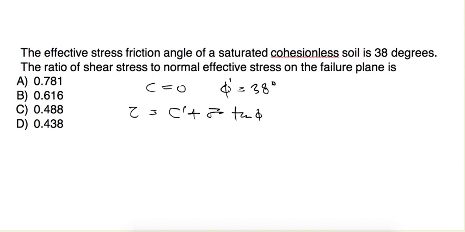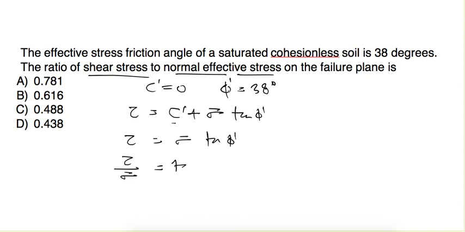If we write it in terms of effective stress, then C dash plus sigma dash tan phi dash. Now here cohesionless soil, it means C dash is equal to 0, tau is equal to sigma dash tan phi dash. Now they are simply asking the ratio of shear stress to normal effective stress, that is tau upon sigma dash, which will be equal to tan phi dash.